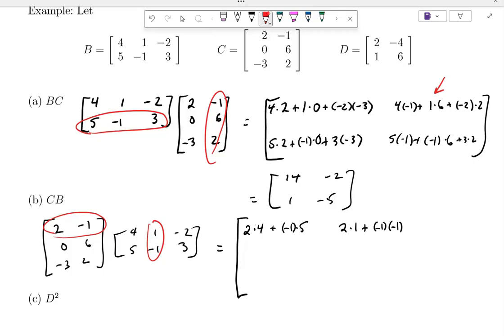Row 1 with column 2 goes in the row 1, column 2 spot. Next one over. 2 times negative 2 plus negative 1 times 3. Good. Do we see where the first row came from?